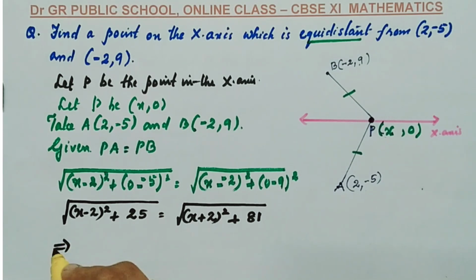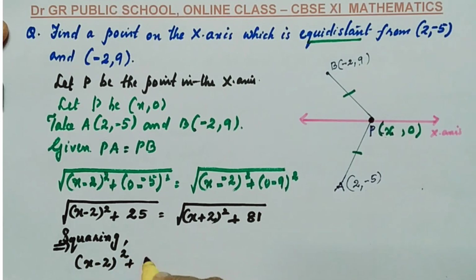Next simplification: I am going to square both sides, so the roots get rid of. So (x minus 2) the whole square plus 25 equals (x plus 2) the whole square plus 81.